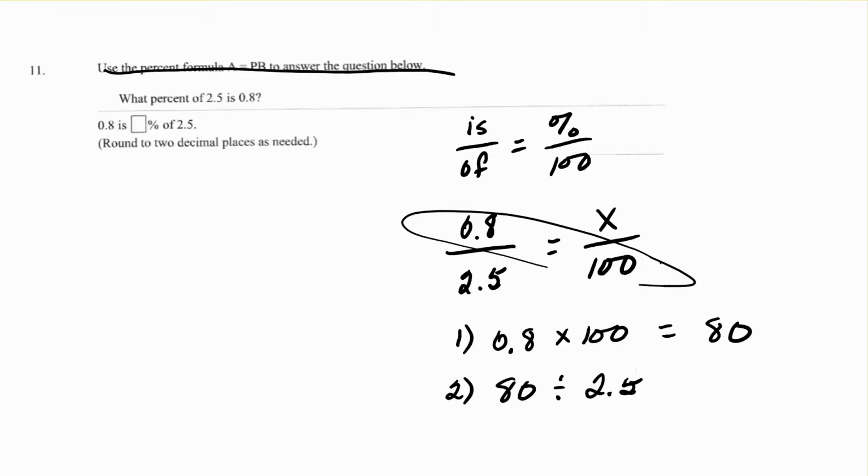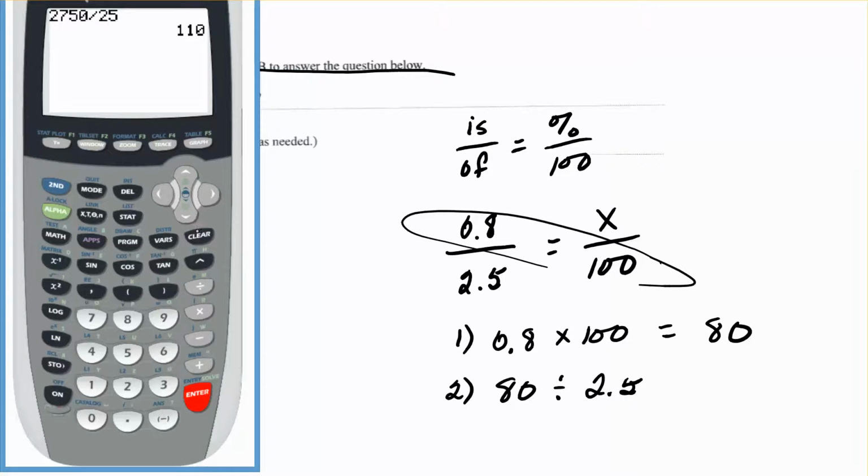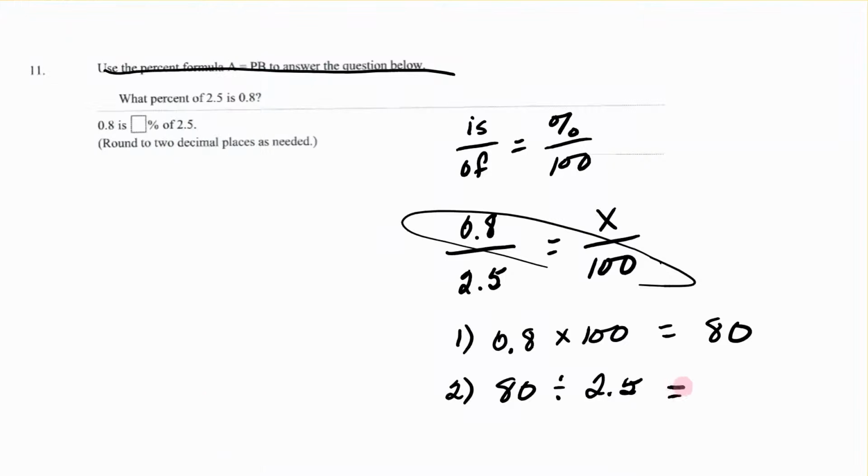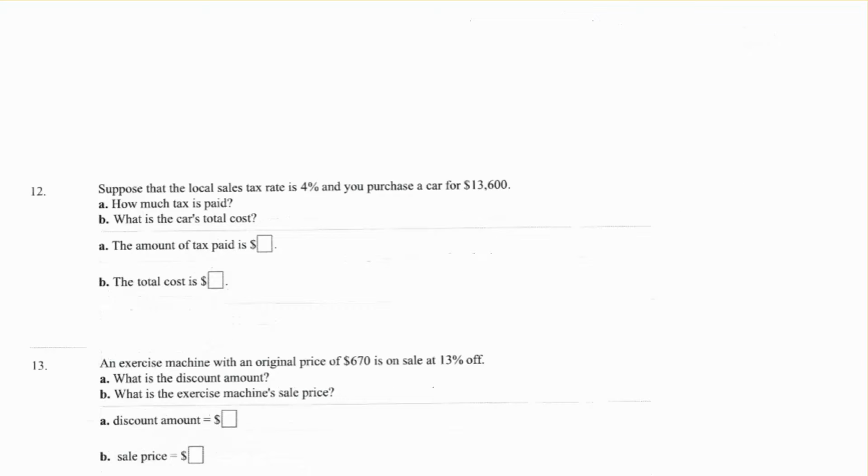Get that calculator back out. 80 divided by 2.5 is 32. So this teeny number is 32% of this also small number. All right, let's see what's coming up next.